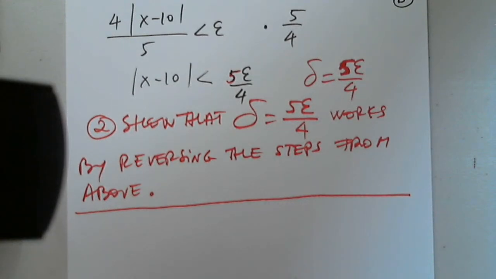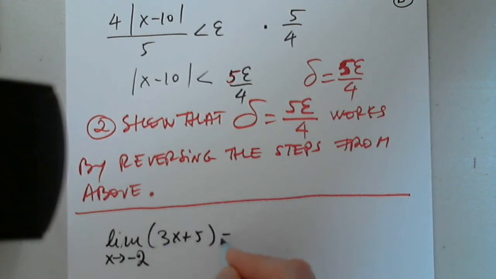Let's say, I don't remember which problem we did last time, but let's look at the limit as x approaches -2 of 3x plus 5 equals -1. Let's check. -6 plus 5, -1, check. Okay. Can anyone dictate what I should write?